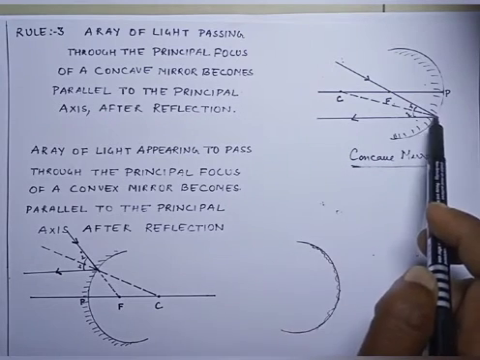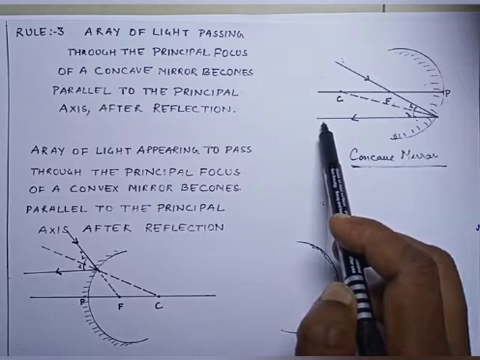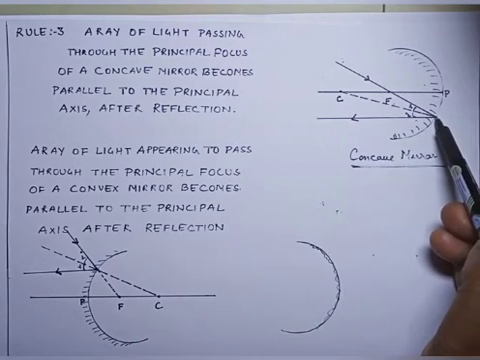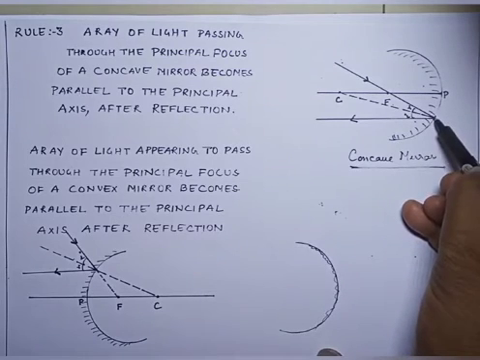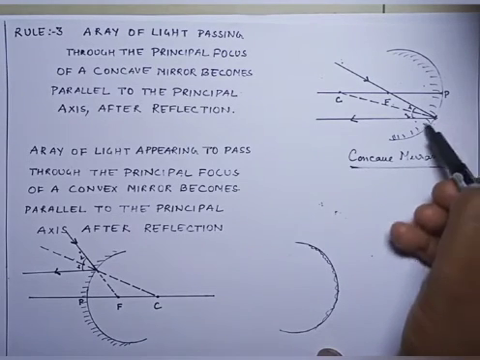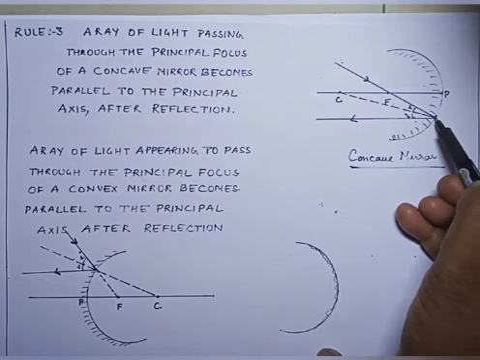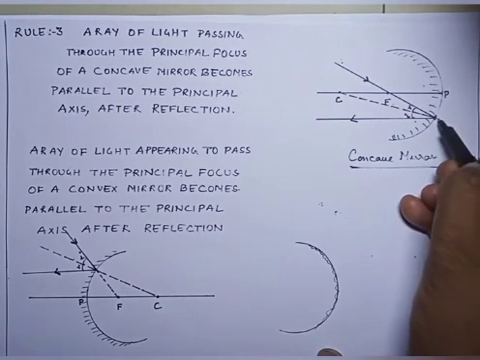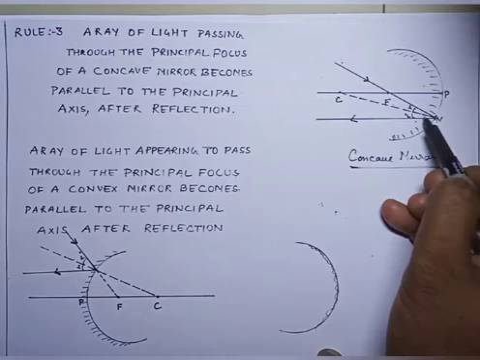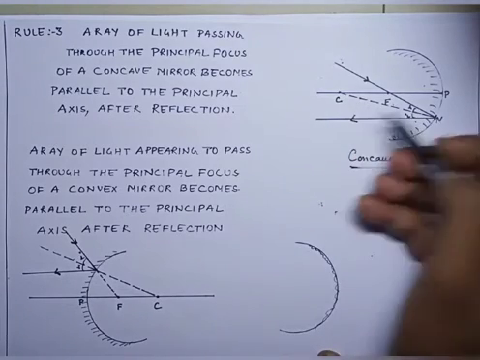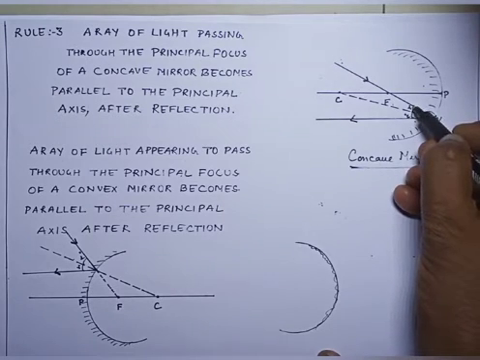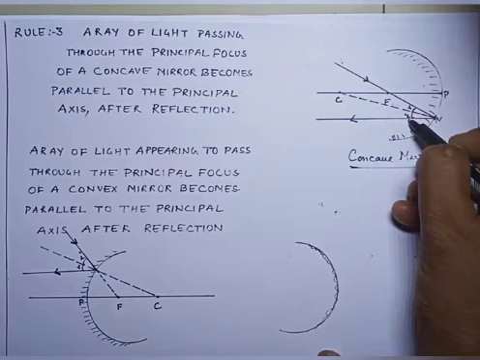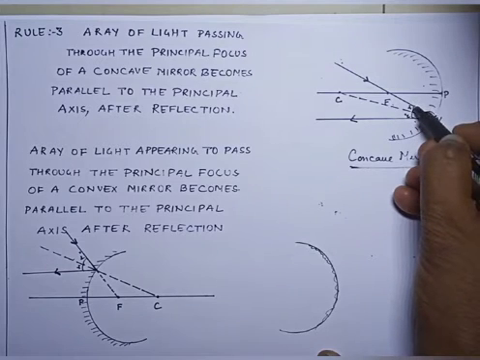When it strikes the mirror, this small portion is going to act as a tangent. If I draw a normal through this point M, it will always pass through the center of curvature. So this is the angle of incidence, and the corresponding angle will be the angle of reflection. So angle of incidence is equal to angle of reflection.